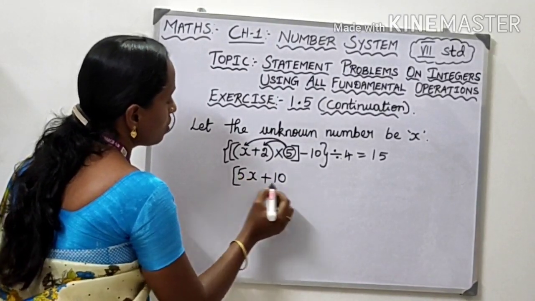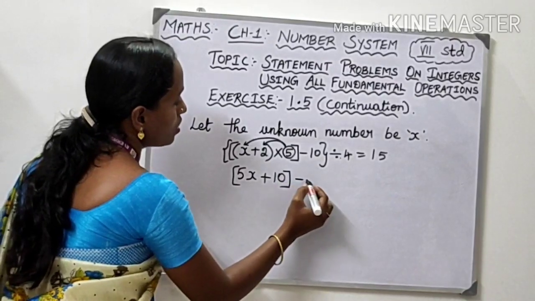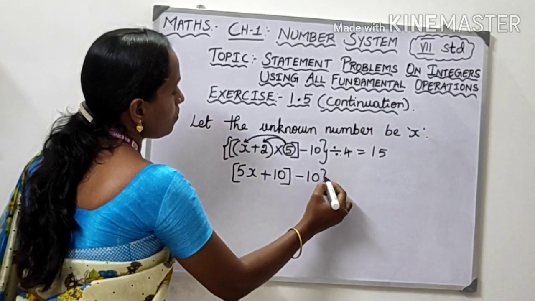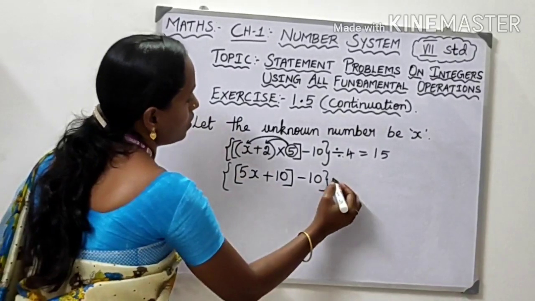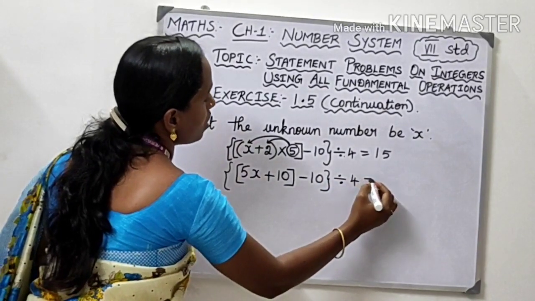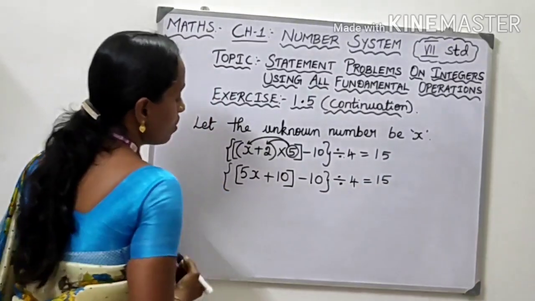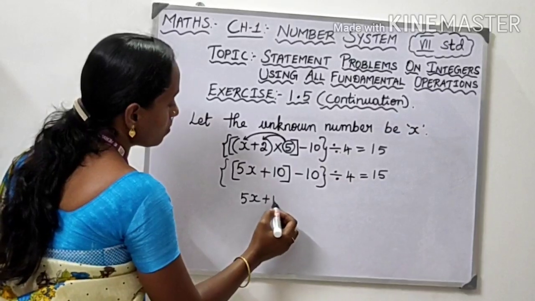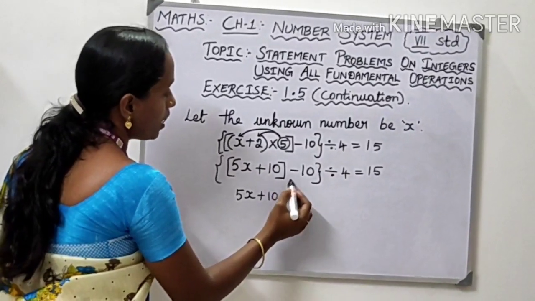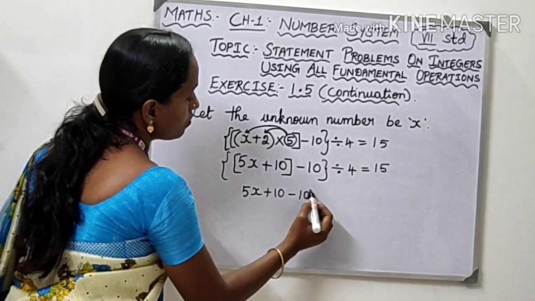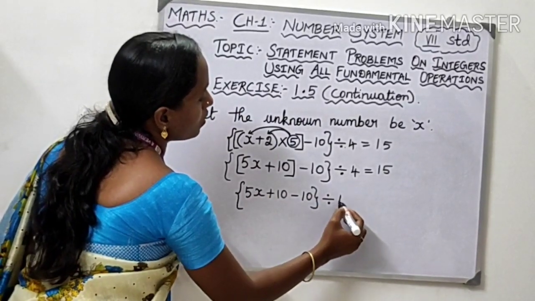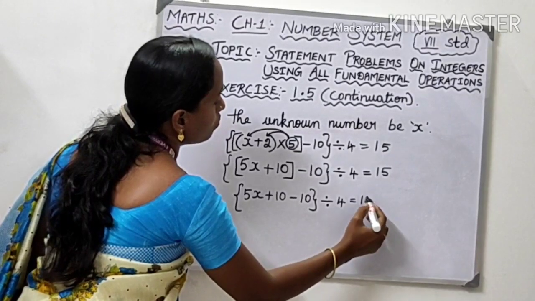Then put a bracket for this, minus 10 it has given, divided by 4, it's equal to 15. So now 5x plus 10, you can remove this bracket and write minus 10, close this bracket now, divided by 4, it's equal to 15.